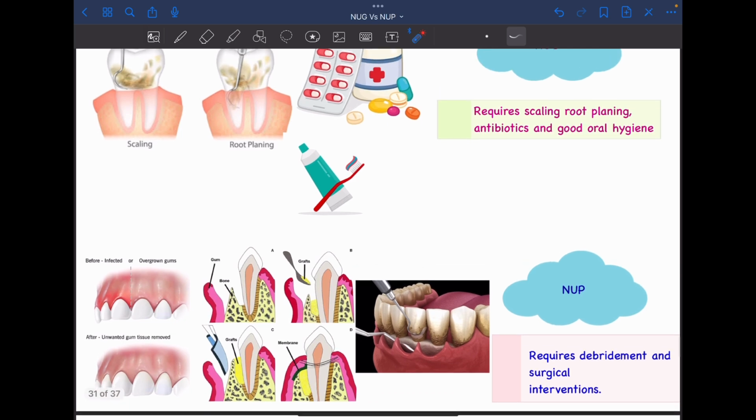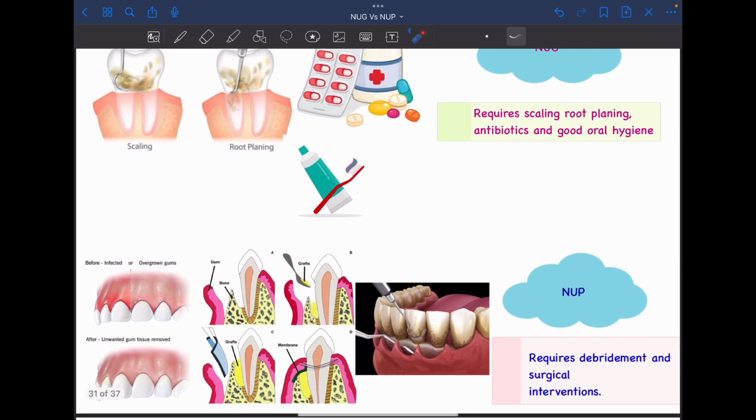Whereas in cases of NUP, it requires surgical debridement. It is very necessary because there is formation of periodontal pockets and often they require a surgical line of treatment. So it requires debridement and surgical interventions as well. As there is bone loss, we need to have bone grafts. And in many of the cases GTR is also indicated.